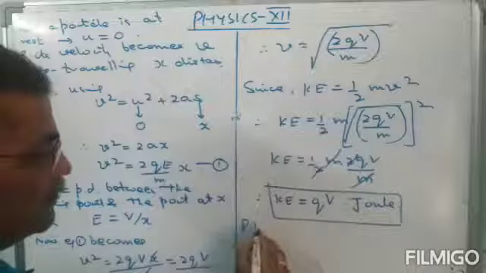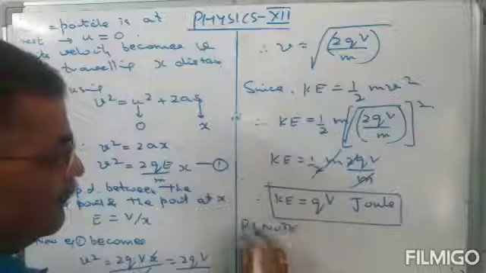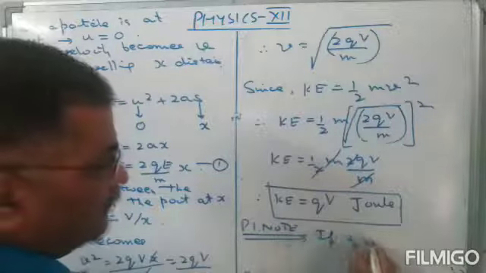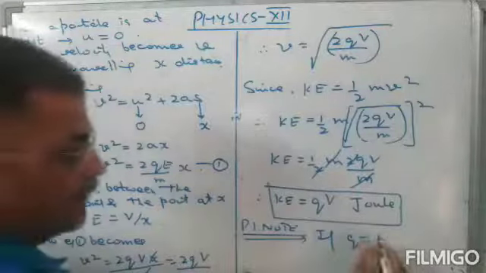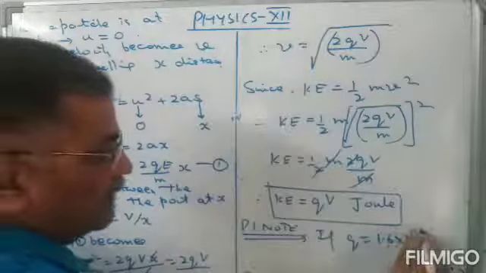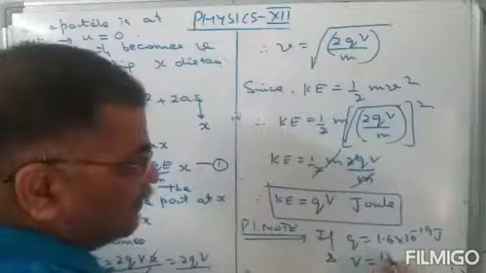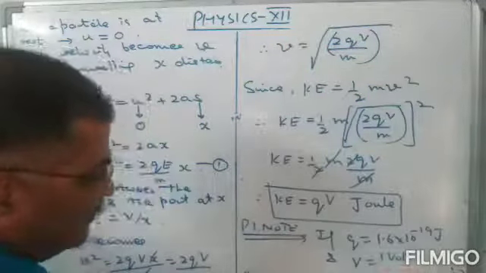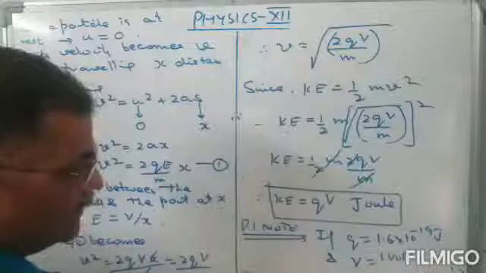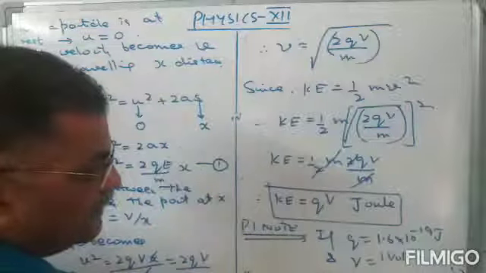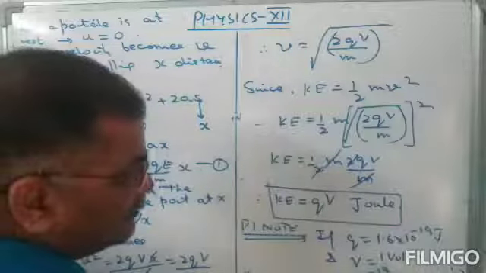Please note one thing. If charge is given as 1.6 into 10 to the power minus 19 coulomb and V is given as 1 volt, therefore kinetic energy is equal to 1.6 into 10 to the power minus 19 joule.